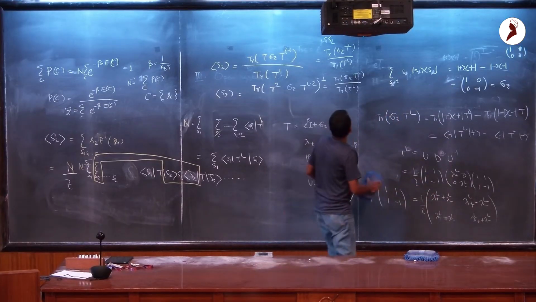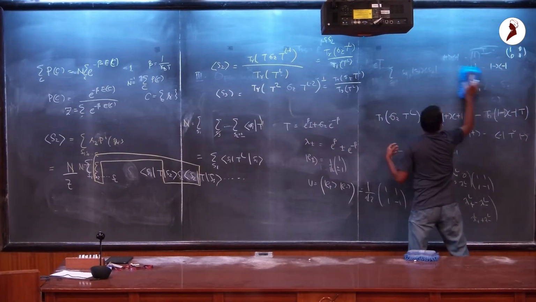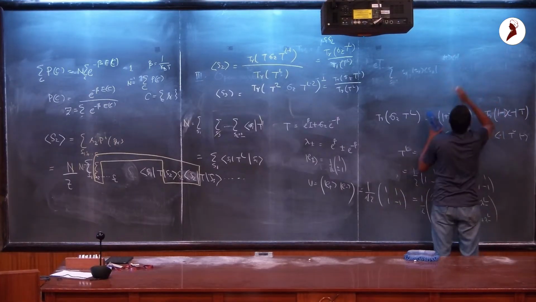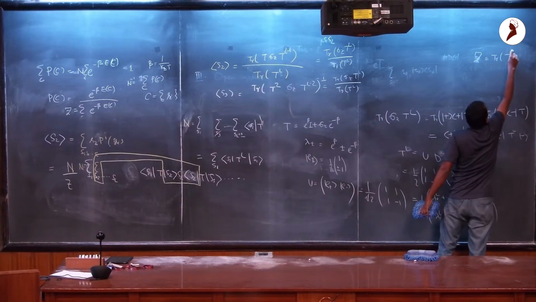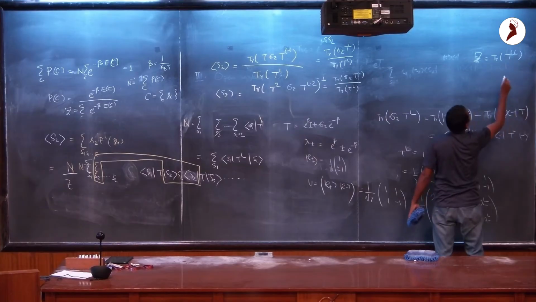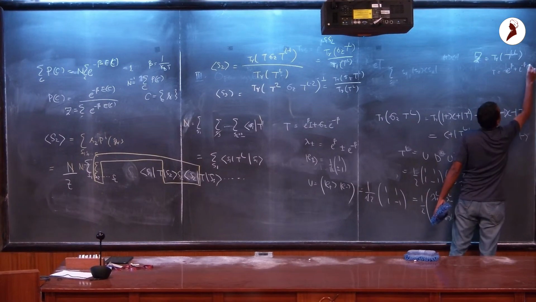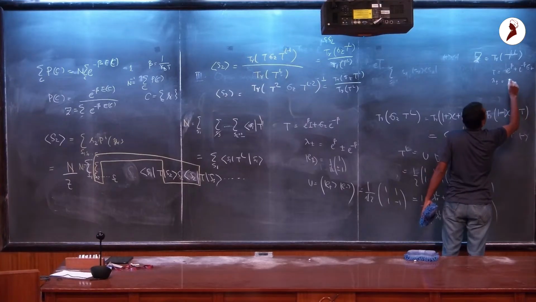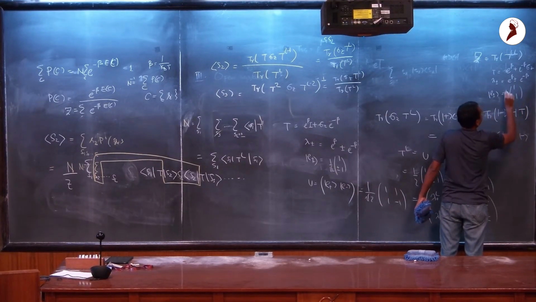So given T equal to this, let me write it again somewhere. I'll take it out. So for the Ising model, Z equals trace of T to the power L, and T equals e to the power beta plus e to the power minus beta sigma z, and the eigenvalues are e to the power beta plus minus e to the power minus beta, with eigenvectors E plus minus equal to (1, plus minus 1) by square root of 2.